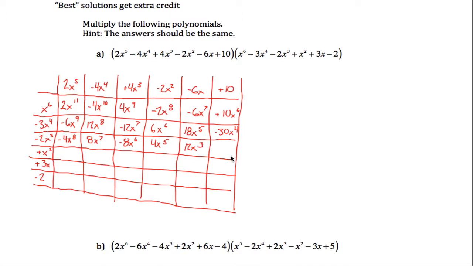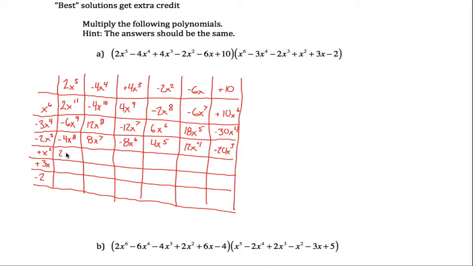Sorry, I messed up the last two. This one is negative 2x cubed times negative 6x to the 1, so x cubed times x to the 1 is x to the 4th. And then negative 2x cubed times 10 is negative 20x cubed.